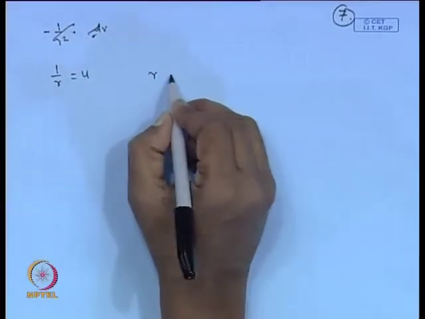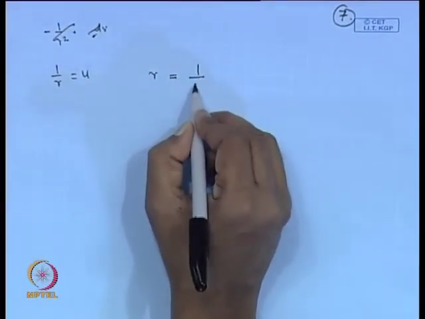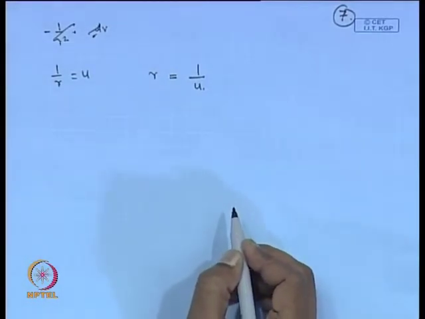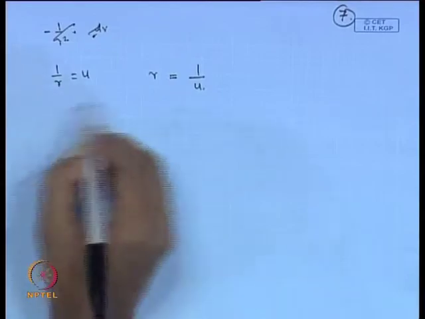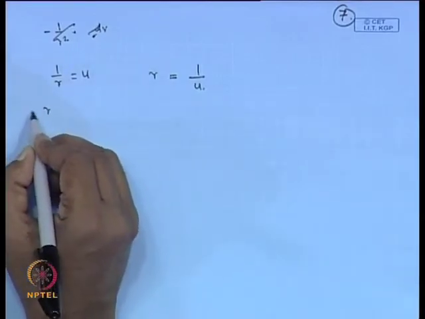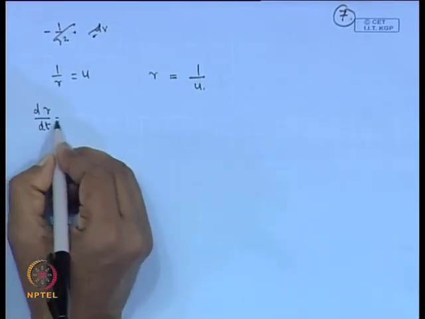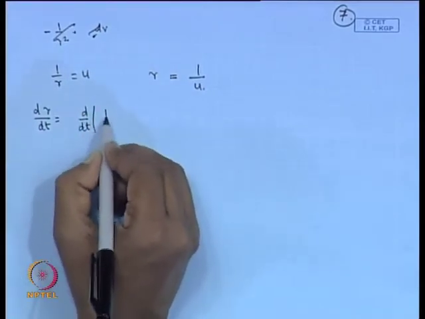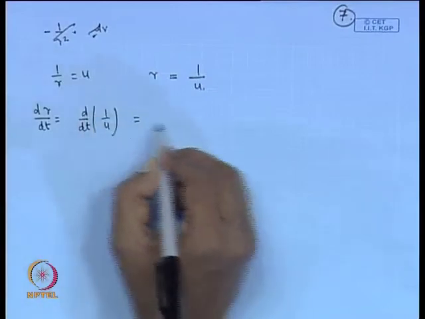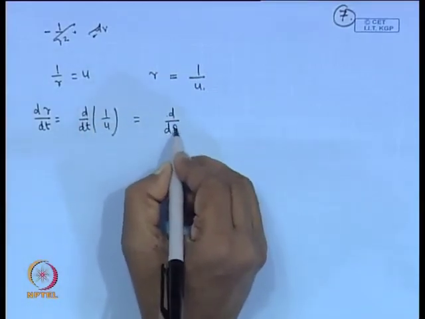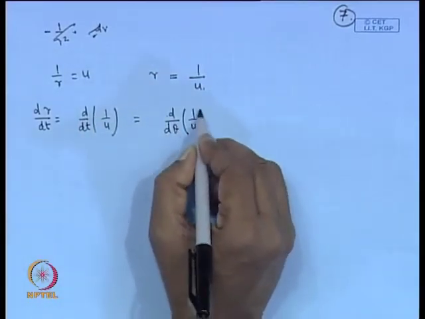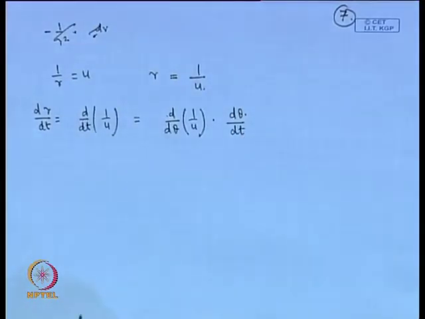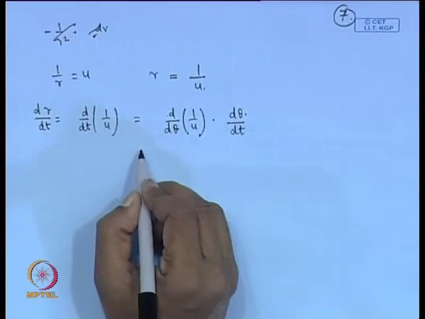We will better express it as r is equal to 1 by u, then it will be easier to work it out. So, therefore, we can write dr by dt is equal to d by dt of 1 by u, and this way it is easier to write.